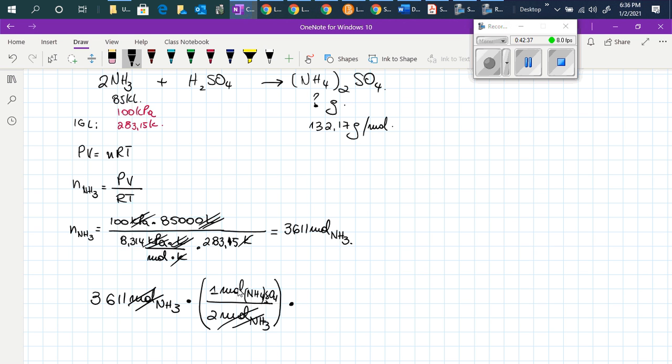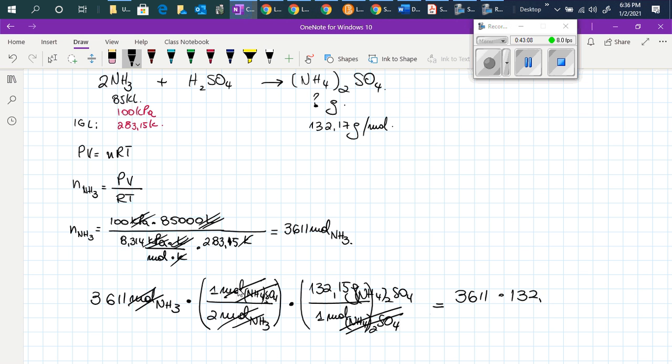And now using the molar mass, 1 mole of (NH4)2SO4 is 132.15 grams of (NH4)2SO4. So moles and moles are cancelled, and in terms of numbers, 3611 times 1 times 132.15 over 2.